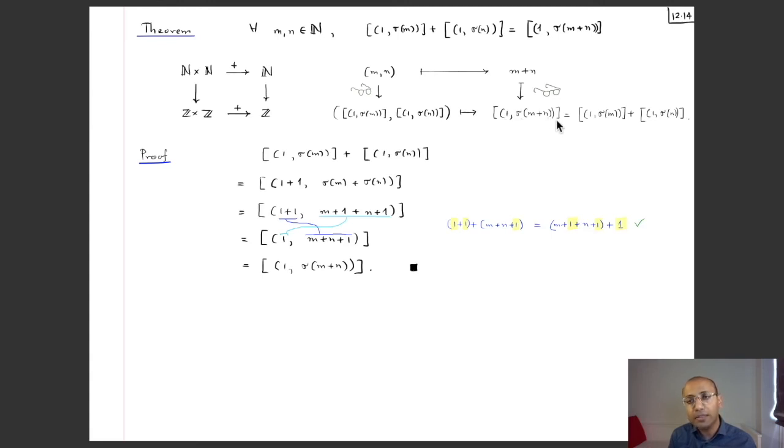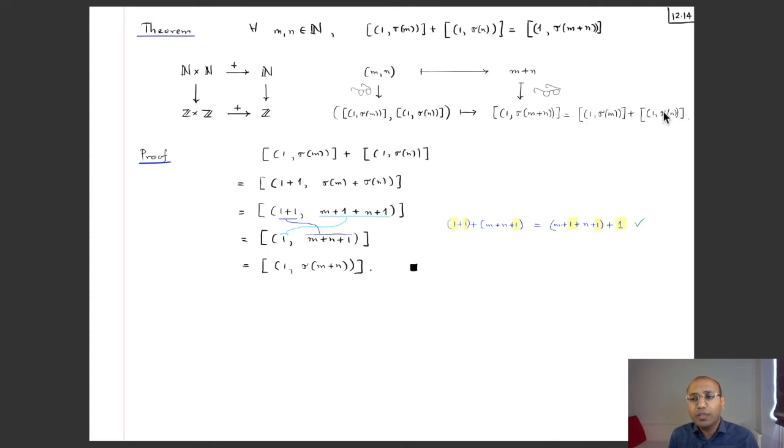Now that integer is the same as one obtains if one first views m and n as integers. So then m is really this integer, n is really this integer, and you add these two integers, then you get this integer, and that's the same as the integer corresponding to m plus n. So of course this needs a proof that this integer is the same as this integer, and let's prove this.